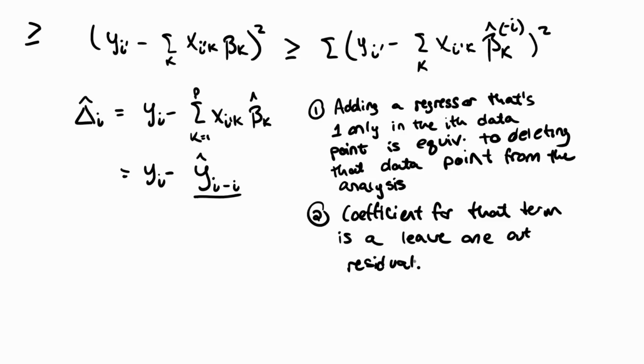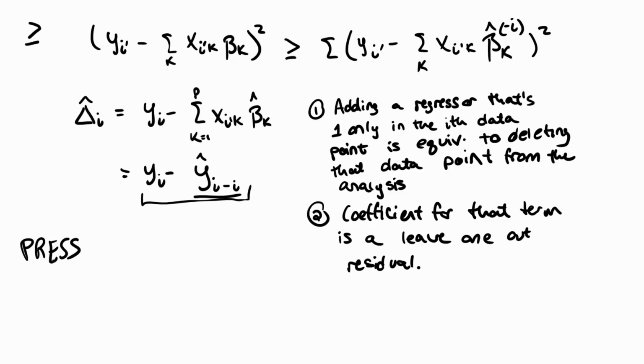This residual right here, the difference between the ith data point outcome and what you would predict for the ith data point if the ith data point wasn't allowed to actually influence the model, is called a PRESS residual or a leave one out cross-validation residual.